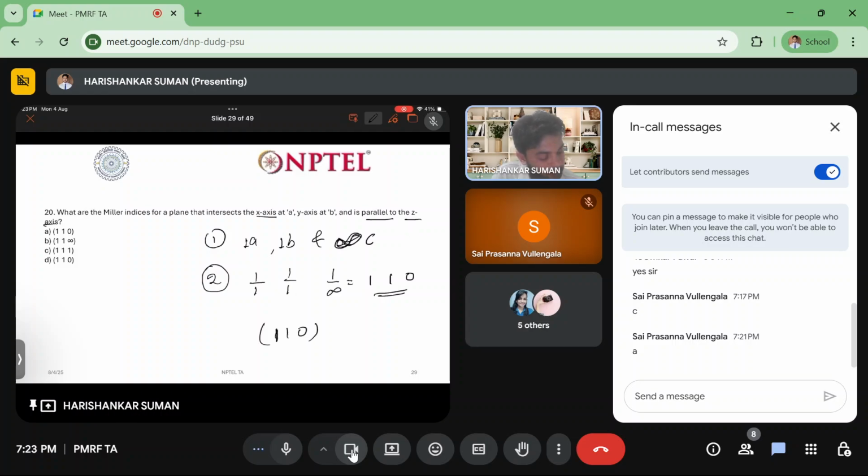Use the brackets. So, this is the correct answer. Which one is the answer now? See which option is correct.